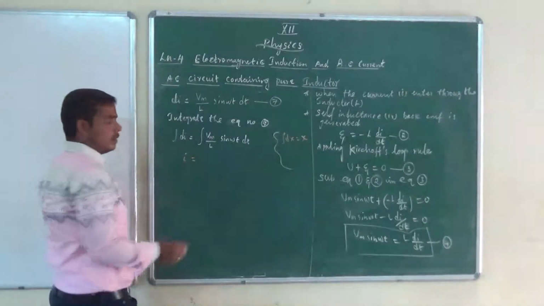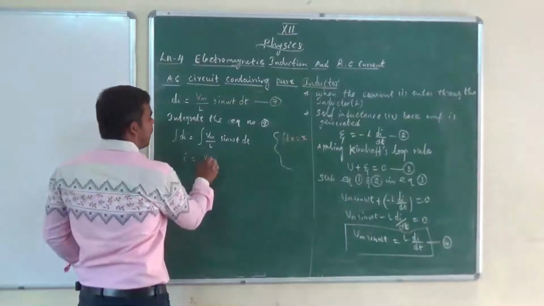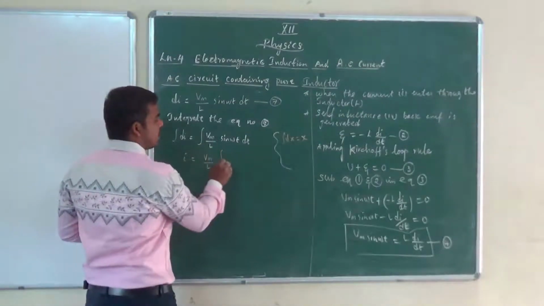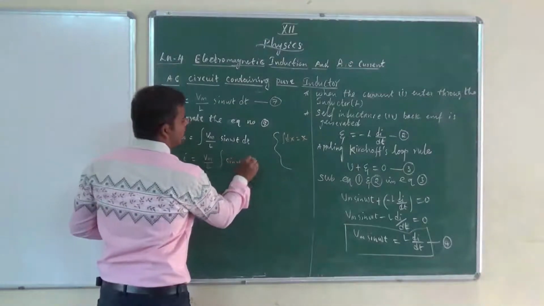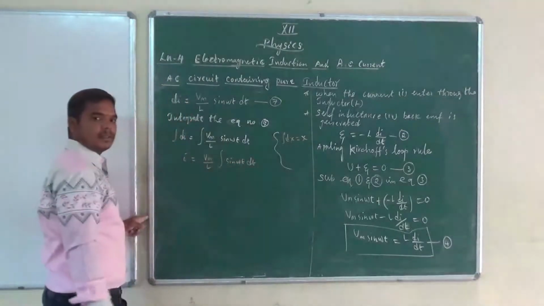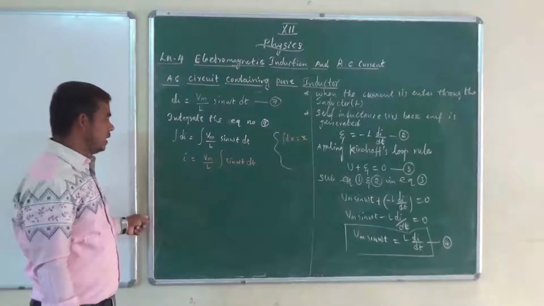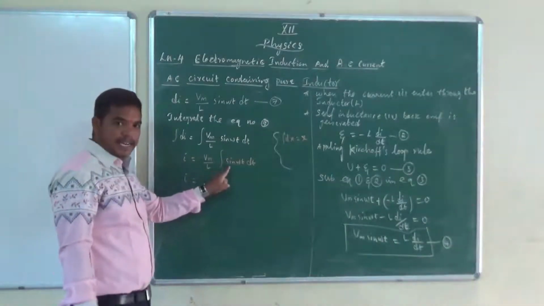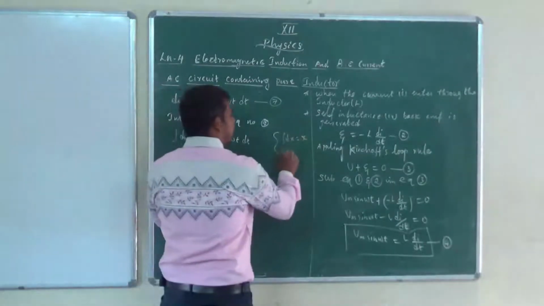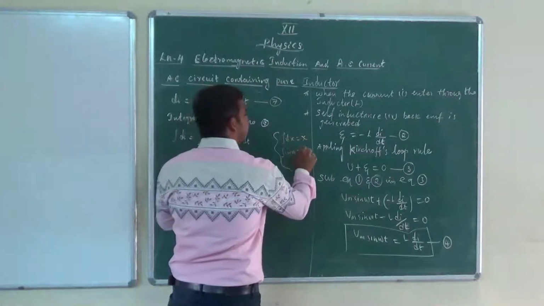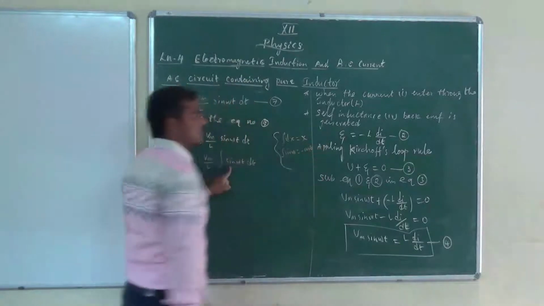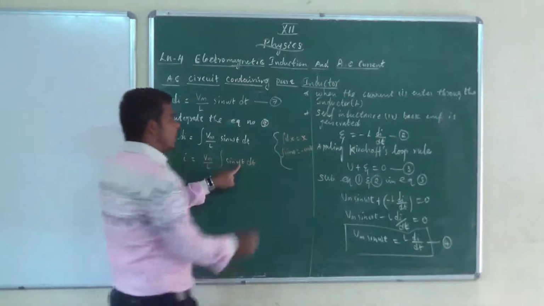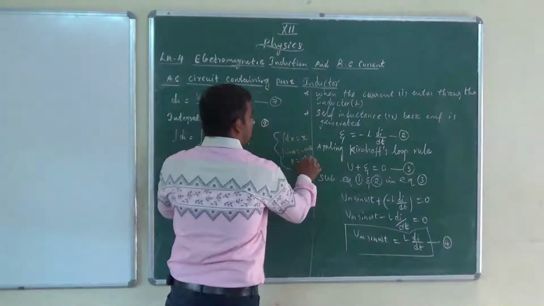So I equals Vm by L, which is constant, and the rest of the term is the integration of sin omega t into dt. Now first I'll integrate the sin. Integration of sin theta equals minus cos theta, and here theta is nothing but omega t.